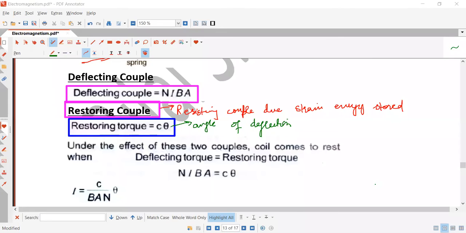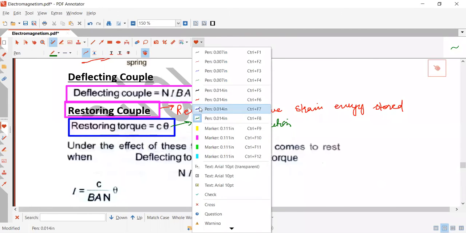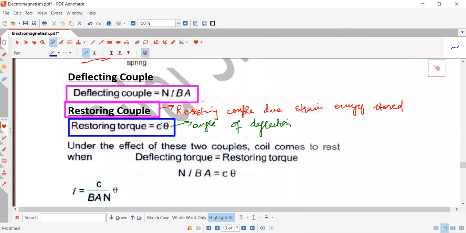And when I twist it more, like I increase the angle, it's going to resist more. So it's going to come back with more movement. Right, students? So the resisting couple must be directly proportional to theta. Right, students? Okay. And C is the constant. What is C? C is the torsional constant. From torque, we call it the torsional constant.